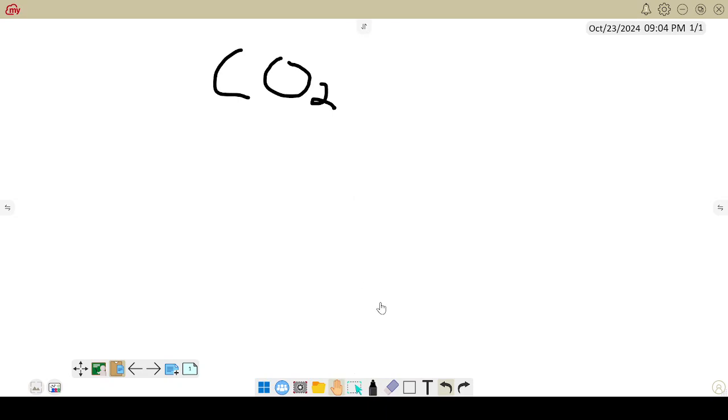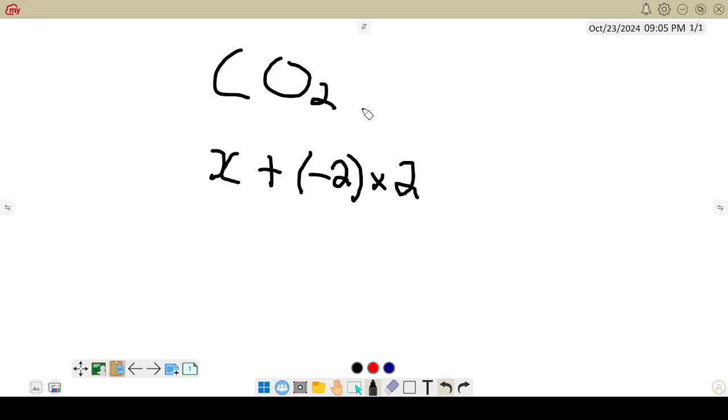We'll simply say the oxidation number of carbon is what we want to calculate, so we put X, plus the oxidation number of oxygen, which we know is -2, and then we multiply the -2 with the subscript outside. If there was a 3, we would multiply by 3.